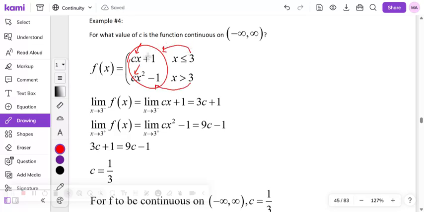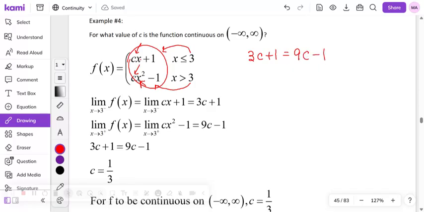So I'm going to substitute the 3 because we're going from less than or equal to 3, that's the left side, and greater than 3. So let's substitute the 3 in for x. What we get is 3c plus 1. And in order for this to be continuous, the left side and the right side must both be approaching the same height. So we're going to set that equal to, dropping the 3 in here, 3 squared is 9, so 9c minus 1.